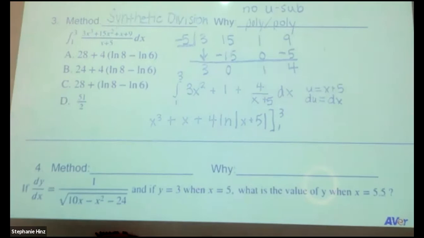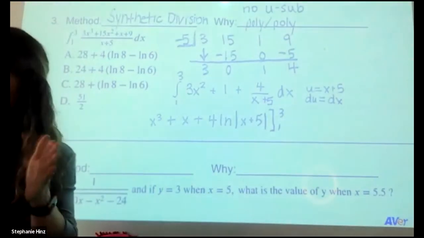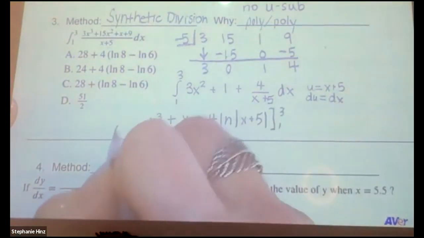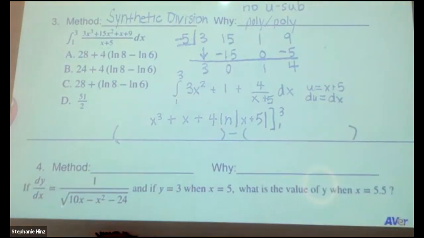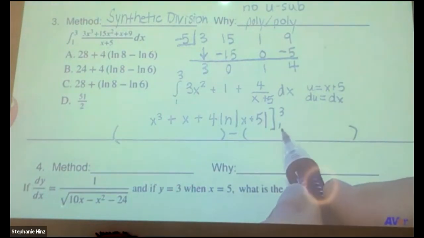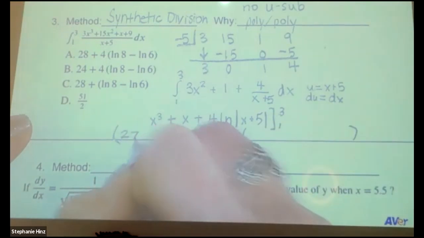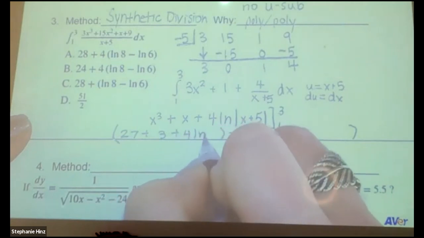So for whoever said that you just learned the fundamental theorem of calculus, here's your time to shine. We have the fundamental theorem of calculus. I highly suggest you go ahead and write your parentheses there so you remember what you're doing. If you cube 3, we got 27 plus 3 plus 4 natural log of 8.